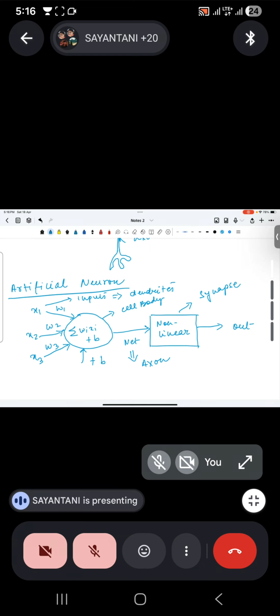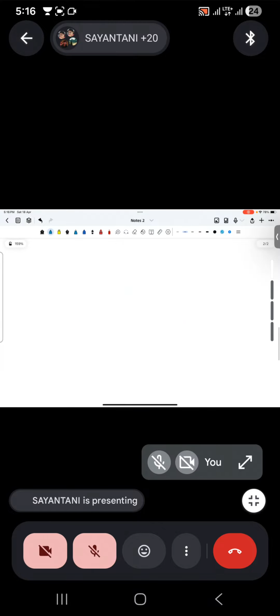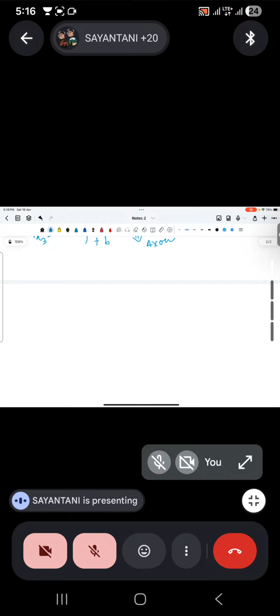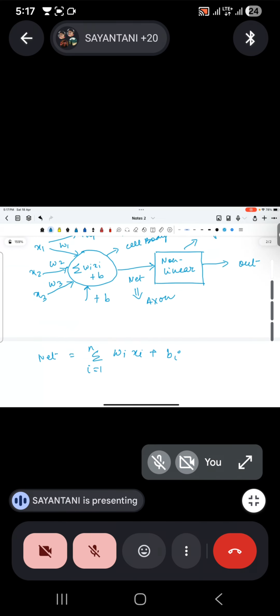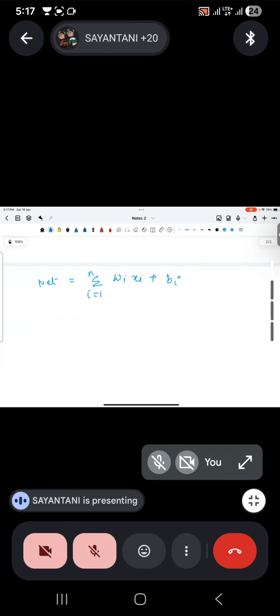Mathematically, I can write down your net value as summation of i equal to 1 to n, omega i xi plus b, which is your bias term. Now I'm saying we have some out value and we have a nonlinear unit. What is the function of this nonlinear unit?